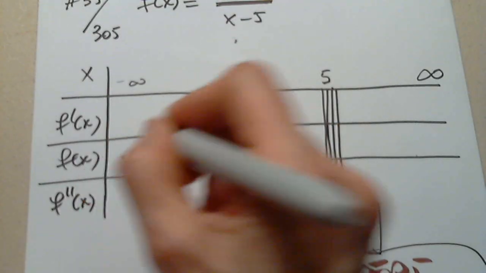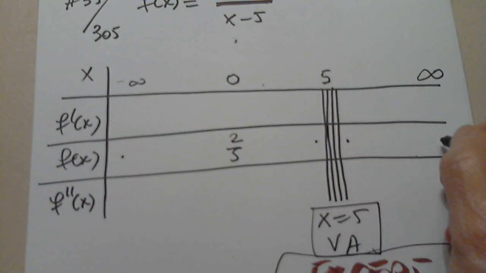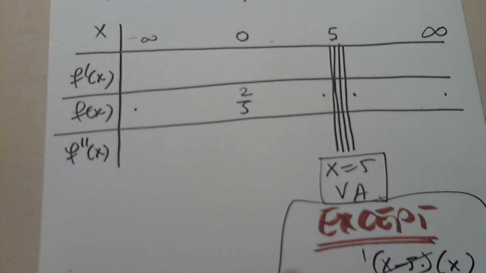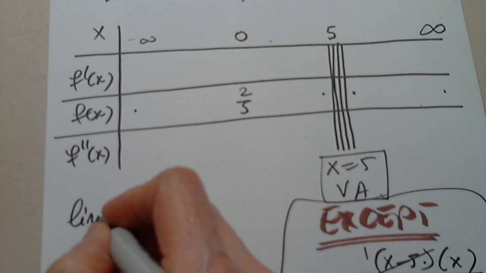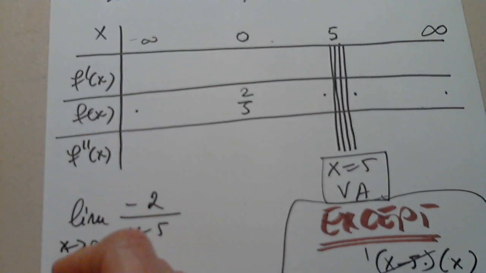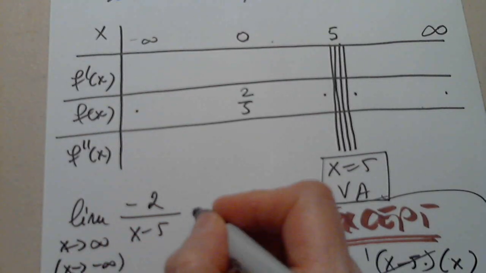I have to find these limits. See, you thought that we got rid of limits for good. No, they're coming back. Remember what we said, the limit of -2 over x minus 5 when x approaches infinity or when x approaches negative infinity.